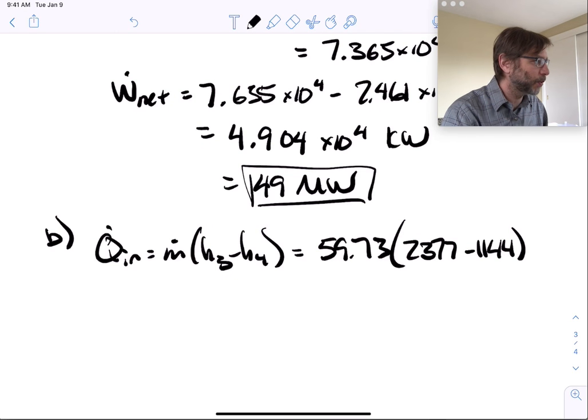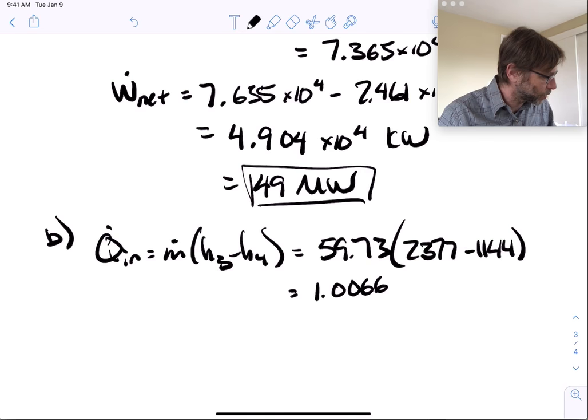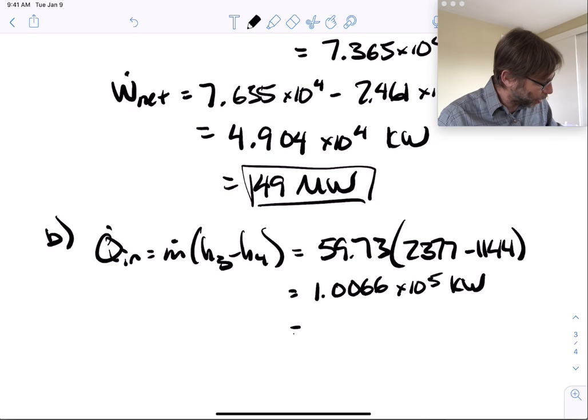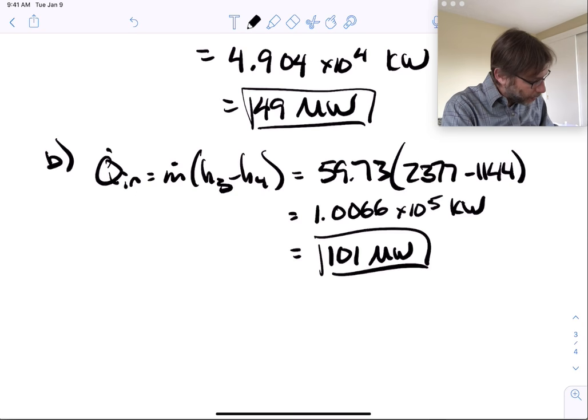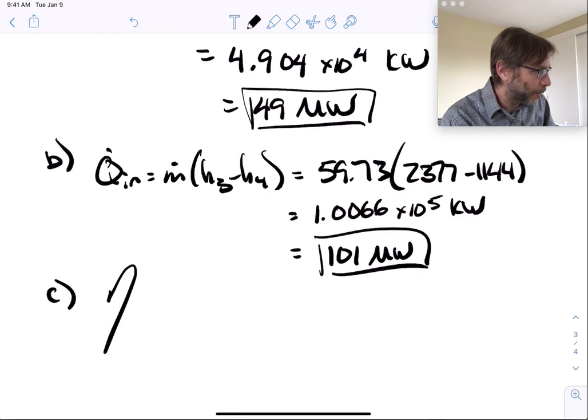You're just kind of plugging them into the formula. And this is equal to 1.0066 times 10 to the fifth kilowatts, which is about 101 megawatts of power. 101 megawatts, okay?